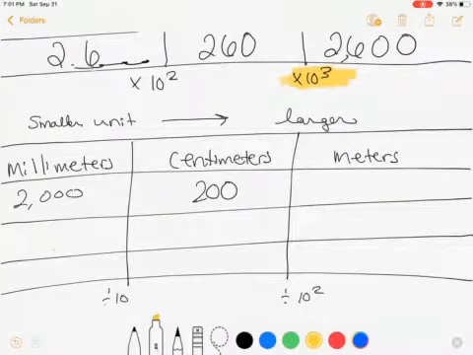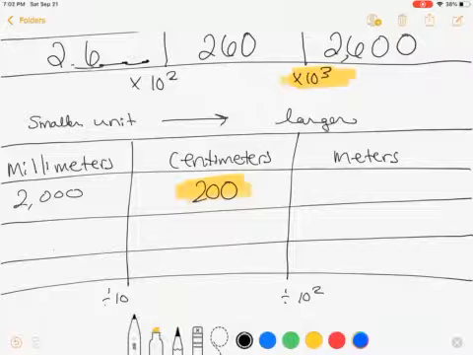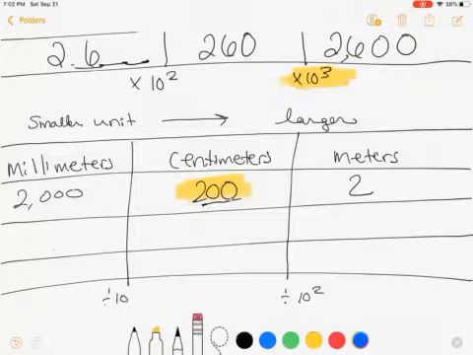Now, if we want to start with 200 centimeters, we divide by 10 to the second. So we're just moving that decimal 2 places over. 200 centimeters is the same as 2 meters.